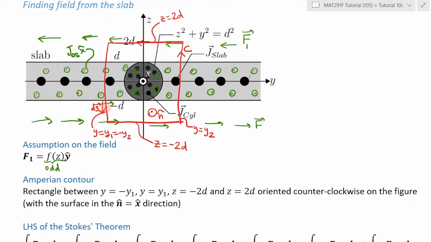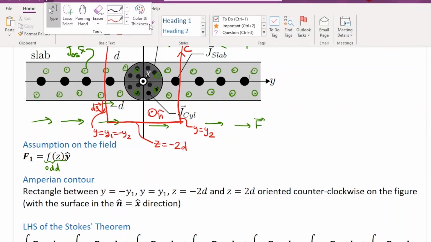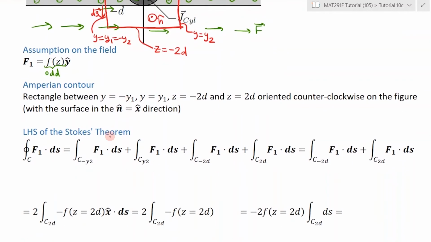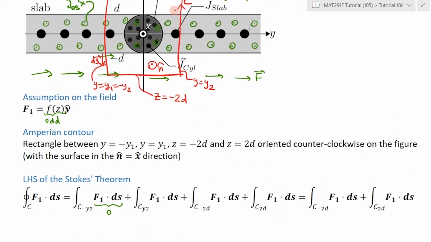So then we have the angle between the two vectors equal to 90 degrees. When you take a dot product, you get 0. So then this dot product is 0. The same thing happens for this contour. So then these two integrals are just 0.